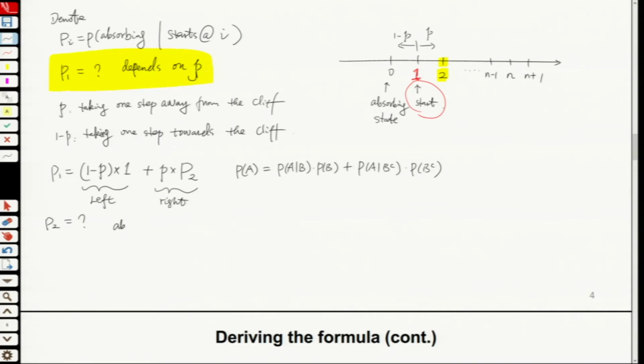Absorbing at the starting location 2 can actually be broken into 2 parts.